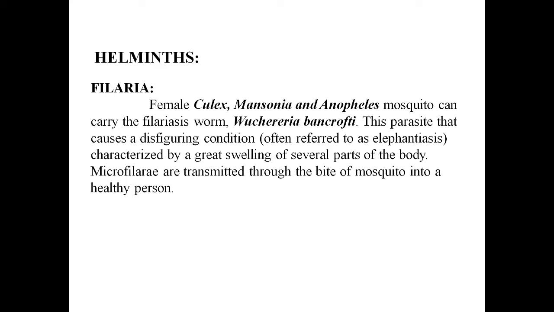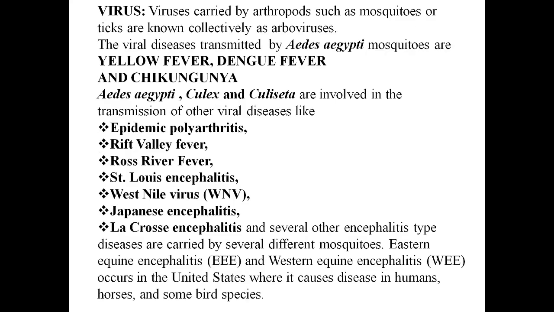Therefore, these mosquitoes, that is Culex, Mansonia, Anopheles, act as vectors for the filarial worm Wuchereria bancrofti. Then these mosquitoes are also carriers of viruses. These viruses cause yellow fever, dengue fever, and chikungunya.